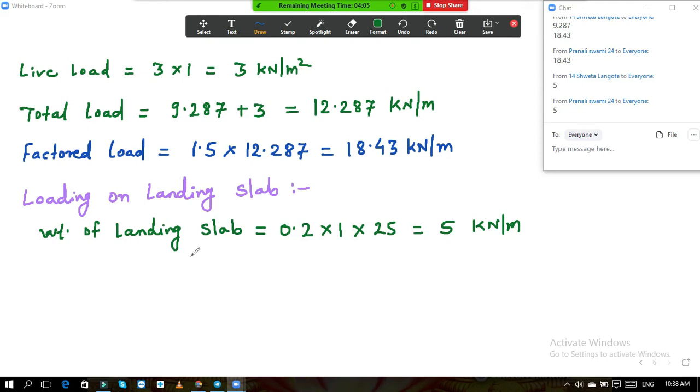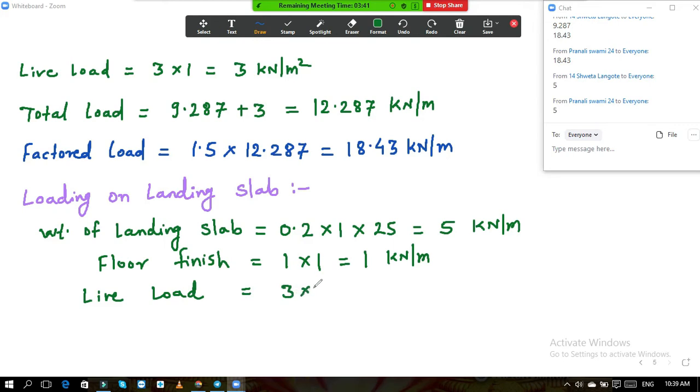Now after this we will consider the floor finish. So floor finish is equal to, we will assume width is 1, so it is 1 kilonewton per meter, and then live load, it is given as 3, width is 1, so 3 into 1, 3 kilonewton per meter.